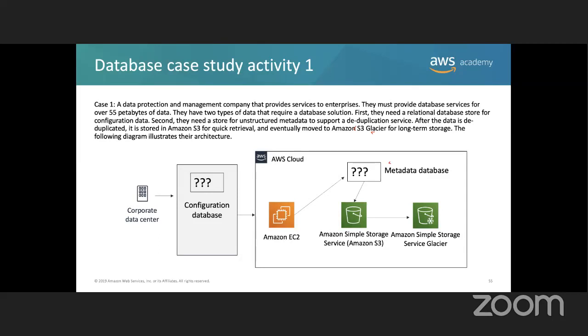Second, they need a store for unstructured metadata to support a deduplication service. After the data is deduplicated, it is stored in Amazon S3 for quick retrieval, and eventually moved to Amazon Glacier for long-term storage.